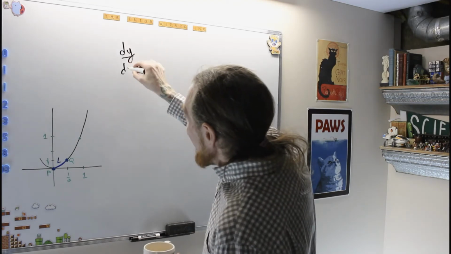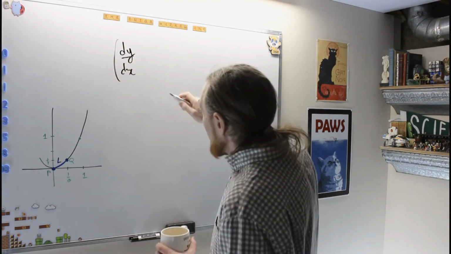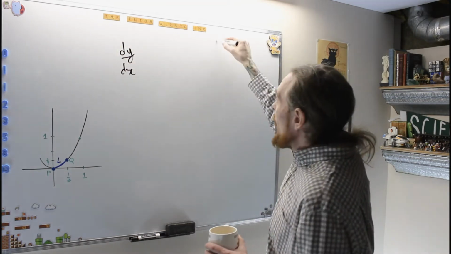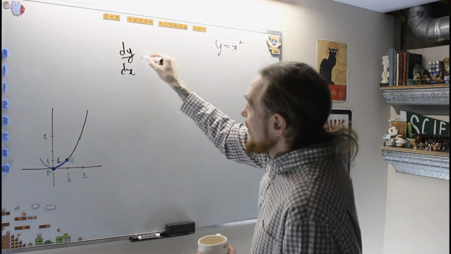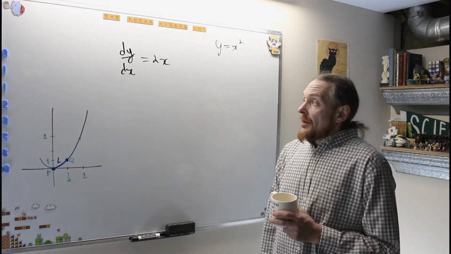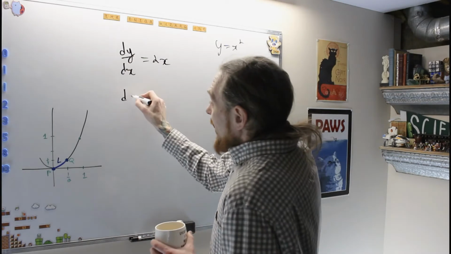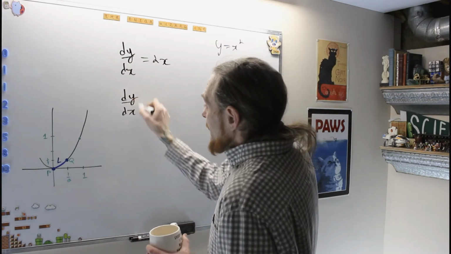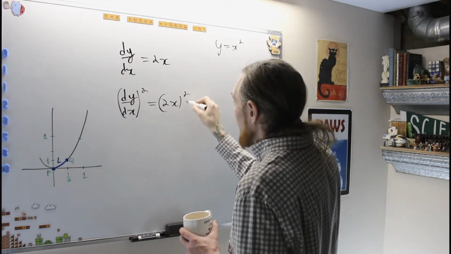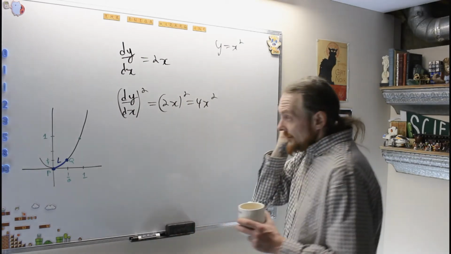So dy/dx, we don't even need this squared. First of all, what we're going to compute is dy/dx. y was x squared, so dy/dx is 2x. Once I do that, I need that squared. (dy/dx) squared is (2x) squared, which is 4x squared.